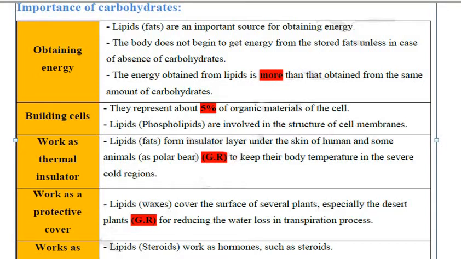Also, they work as hormones like steroid hormones. Also, they work as a protective cover for some plants, like wax, to avoid the transpiration process. Also, they work as a thermal insulator to protect the body from cold temperature, to keep the polar bear warm at cold temperature.